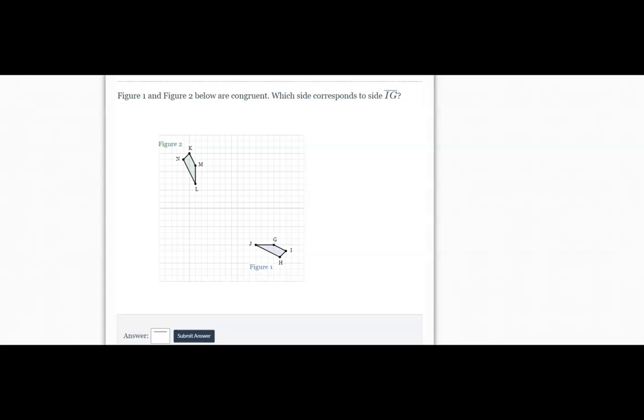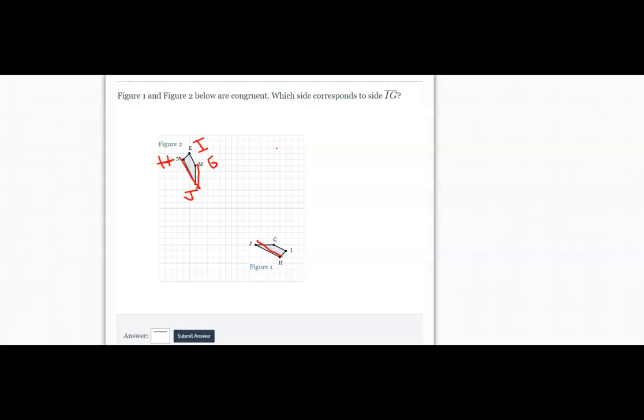I could have HJ on the bottom, and then J connects on the long side to G, and then G to I. Okay, so now I've written all of these original letters in their locations for figure 2.